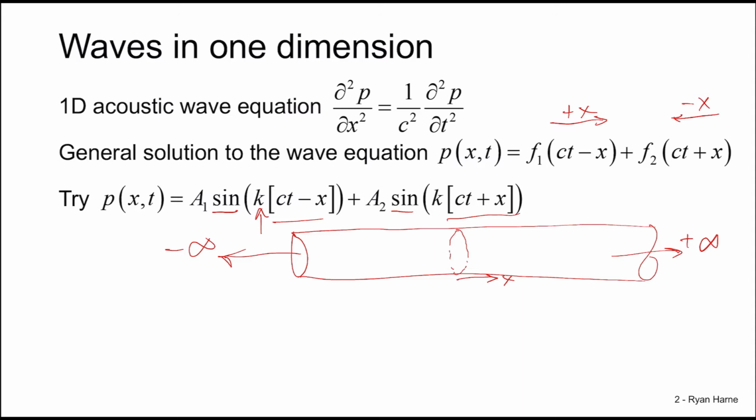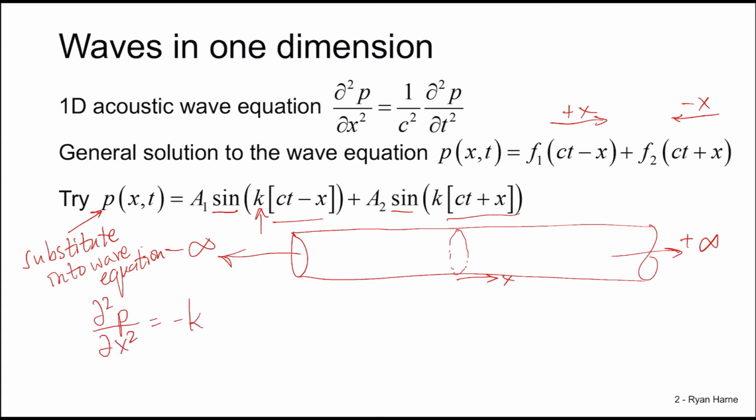So what we need then is to substitute this assumed acoustic pressure, p, back into our wave equation. After simplification, we find that the partial derivative of p with respect to x twice is minus k squared p, whereas the second partial derivative of acoustic pressure with respect to time is minus k squared c squared p.